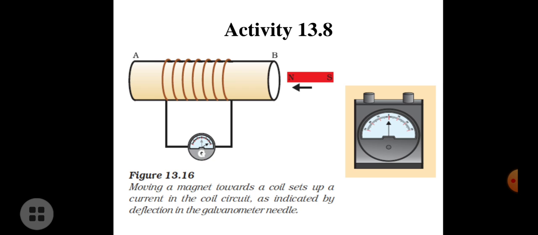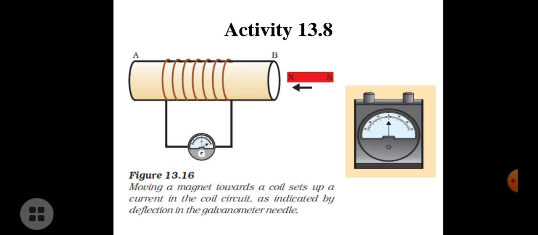But if it shows a deflection in any direction, it means current is passing through the circuit. So we observe that when we moved the north pole of this bar magnet towards the coil, the deflection was in the right direction. Now we take this bar magnet away from the coil. Then again we see a deflection in the galvanometer but in the opposite direction, say on the left side.